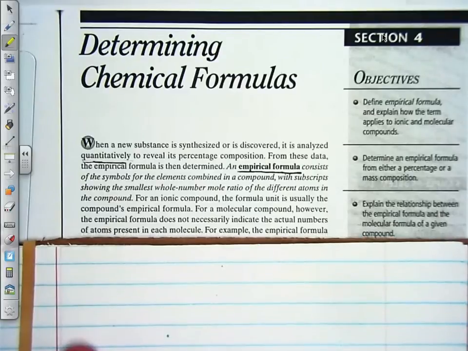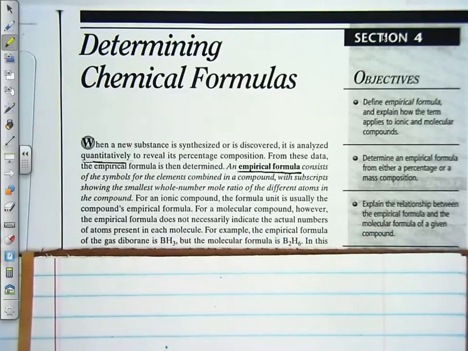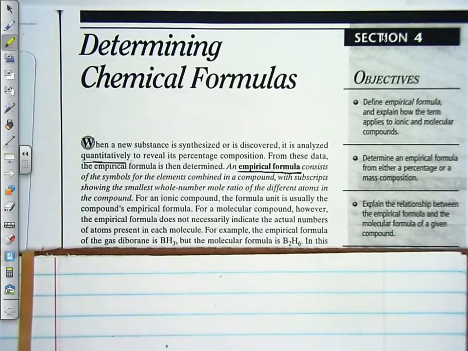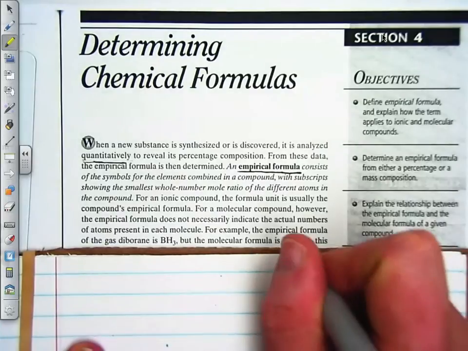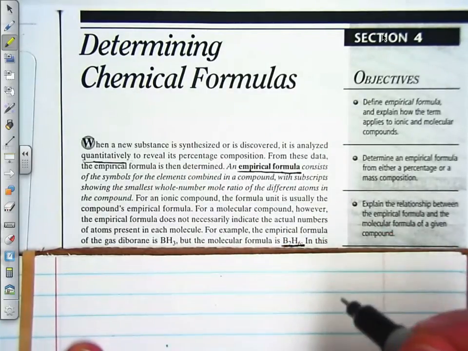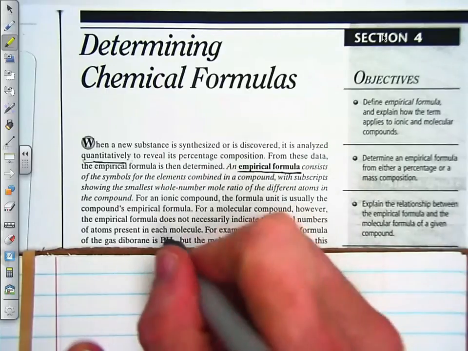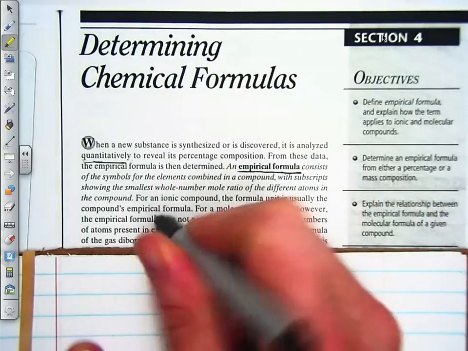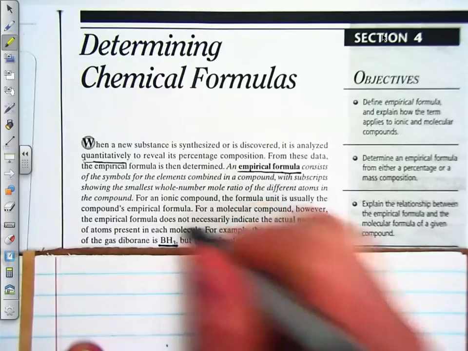For example, the empirical formula of the gas diborane is BH3, but the molecular formula is B2H6. So the molecule actually has 2 borons and 6 hydrogens. But its empirical formula, the simplest ratio of atoms, is 1 boron to every 3 hydrogens.